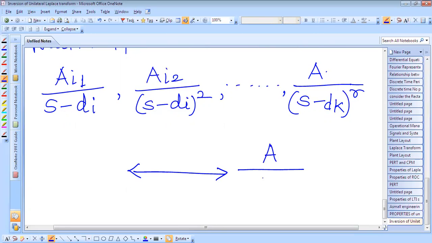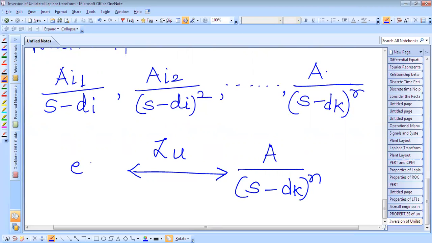E over (s minus d_k) raised to power n. Then what will be the pair of this corresponding in the time domain?